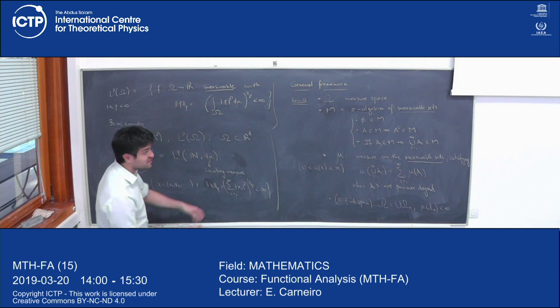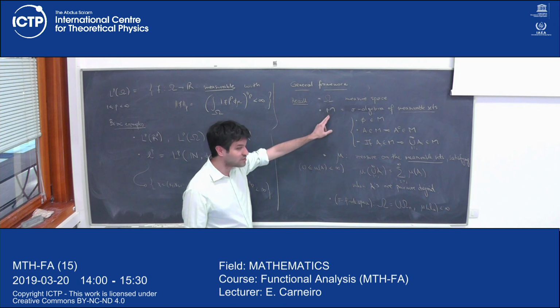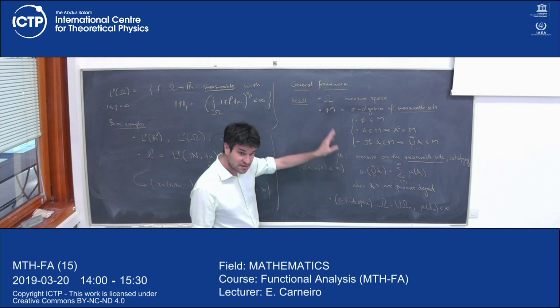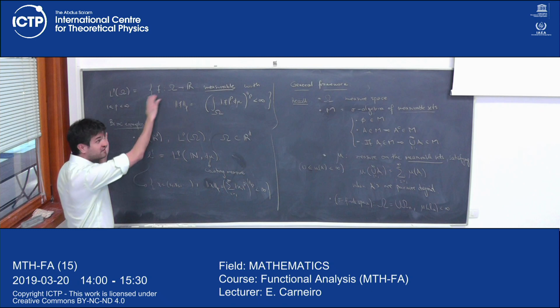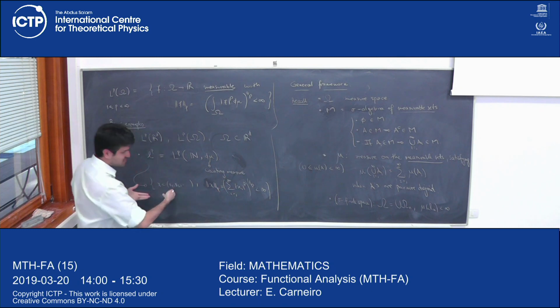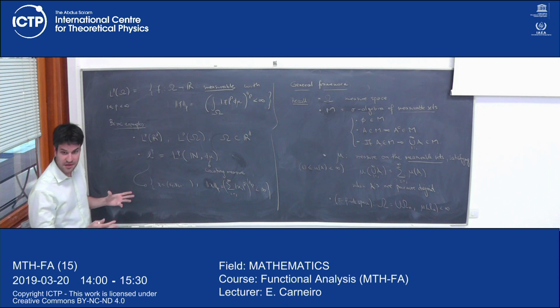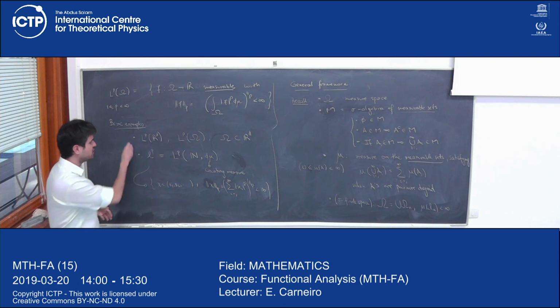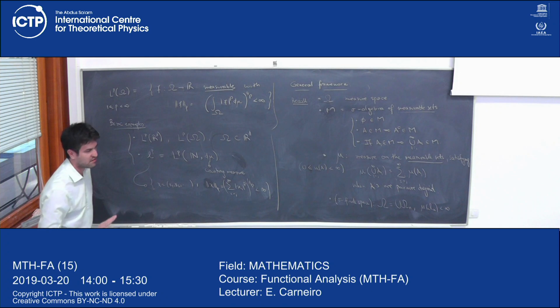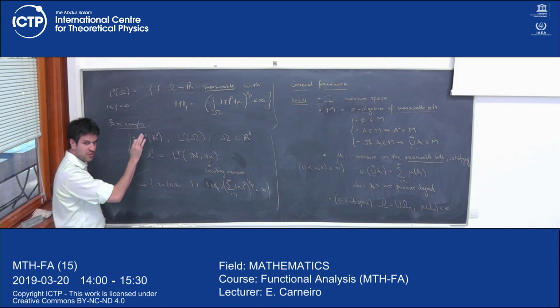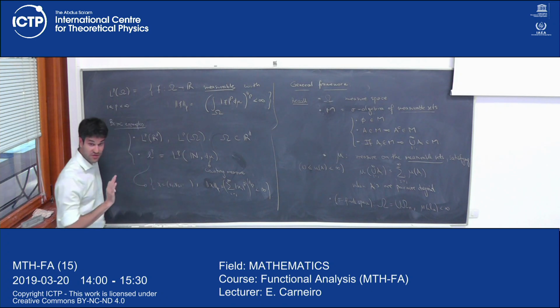Once you have these three elements, the natural numbers, all the subsets, and the counting measure, and you do the LP of this, this is just the space of sequences. This is just integration. So everything is under one whole framework, but these are the spaces that I wanted to focus your attention on: LP of subdomains of RD, or spaces of sequences.